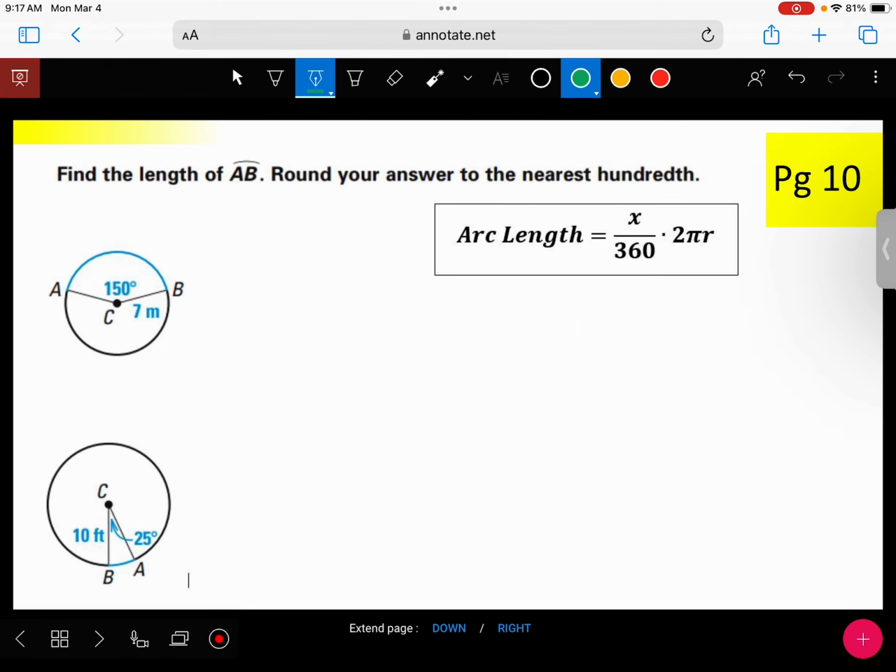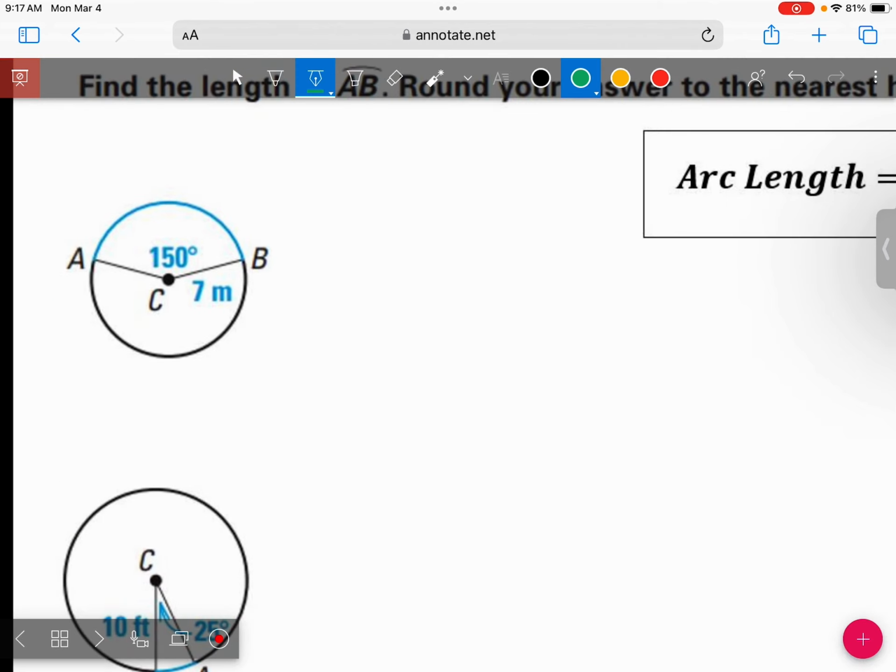All right, good. Let's go. I'm going to skip that next one. Let's go to this one on page 10. We're going to do the same thing. So I know X, and this one is in, well, you know. So we're trying to find the measurement of arc, the length of arc AB. So that would be from here to here.